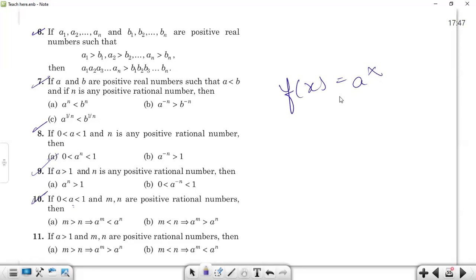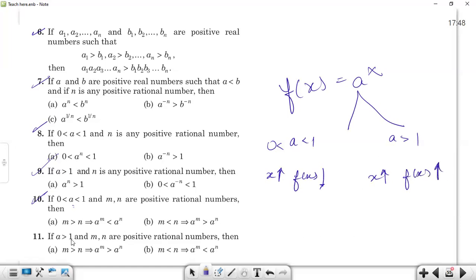In this case there will be two scenarios: if A is less than 1 and if A is greater than 1. If A is less than 1, on increasing x, f of x will decrease. And in the case when the base is greater than 1, on increasing x, f of x will also increase. These properties are also based upon the same concept.